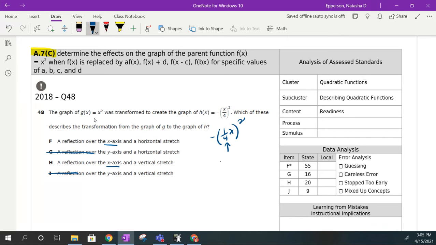This is telling us there is a horizontal change. Anything inside the parentheses is going to deal with a horizontal change. This answer says a vertical stretch, so that answer is out. If it was -1/4 and then x squared, then it would definitely be a vertical stretch. Since it's inside the parentheses next to the x, it's going to be dealing with a horizontal stretch or compression. So F is your answer choice.